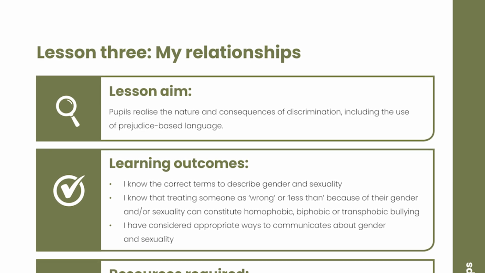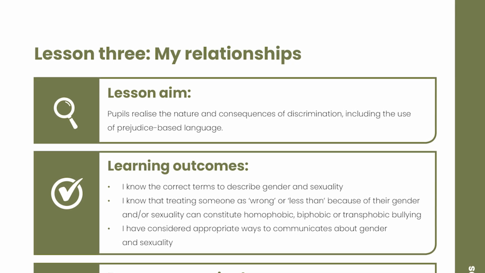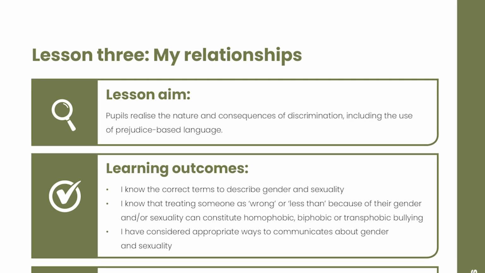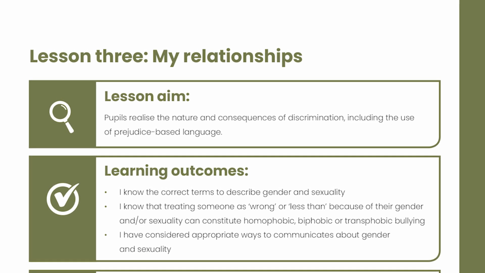A learning outcome is that the child has considered appropriate ways to communicate about gender and sexuality. So just imagine this: with children as young as 7, unless they use the appropriate terms when it comes to gender and sexuality, they may be considered homophobic, biphobic or transphobic.